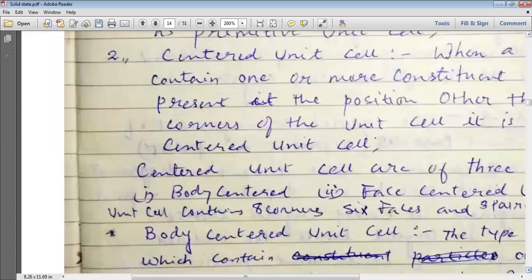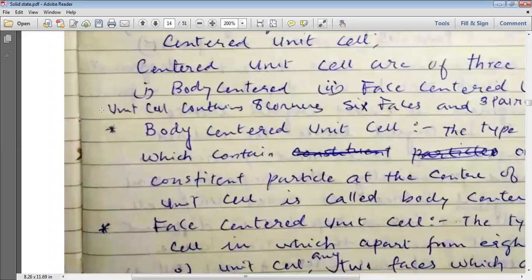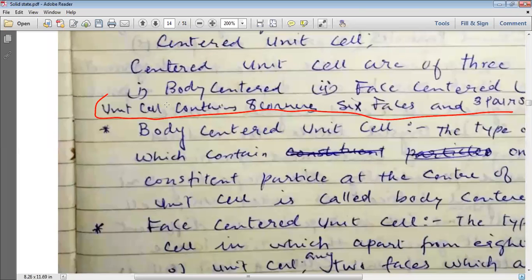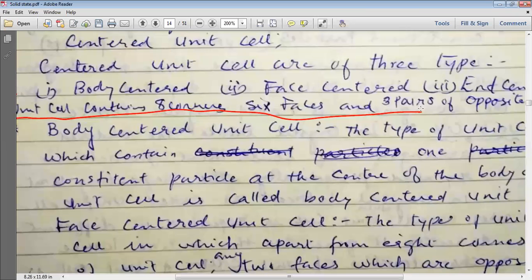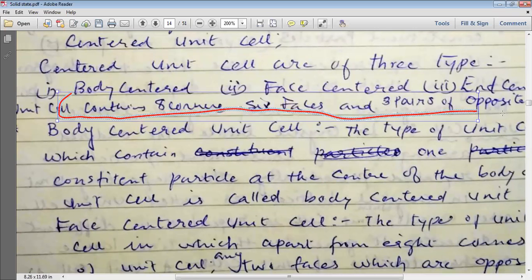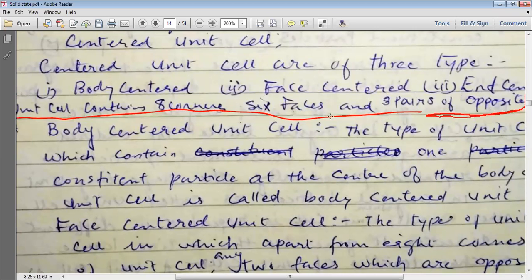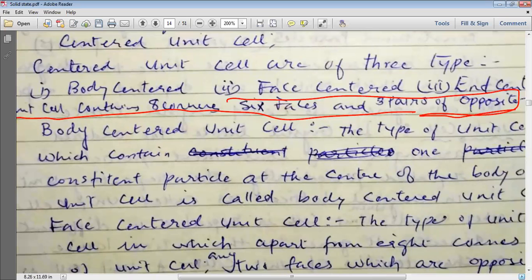A unit cell contains 8 corners, 6 faces, and 3 pairs of opposite faces, my dear students. You can easily understand that this unit cell has 3 pairs of opposite faces.